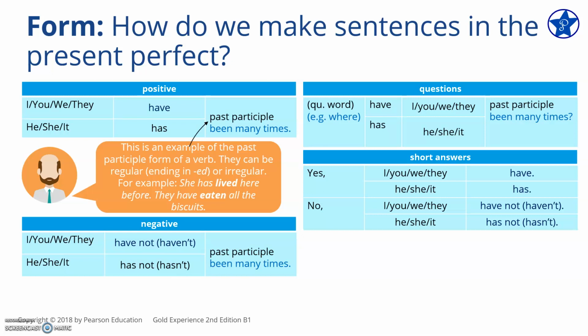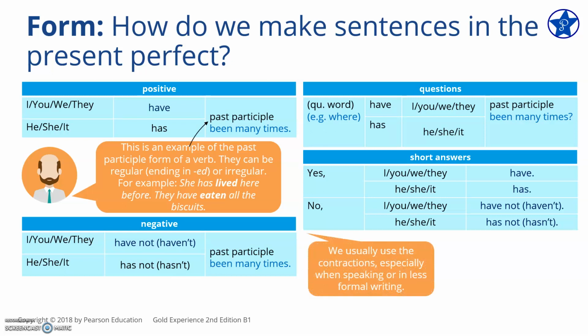They can be regular, with an ed ending, or irregular. For example, she has lived here before, they have eaten all the biscuits. We usually use the contractions, especially when speaking or in less formal writing, so it's very common to see haven't or hasn't.